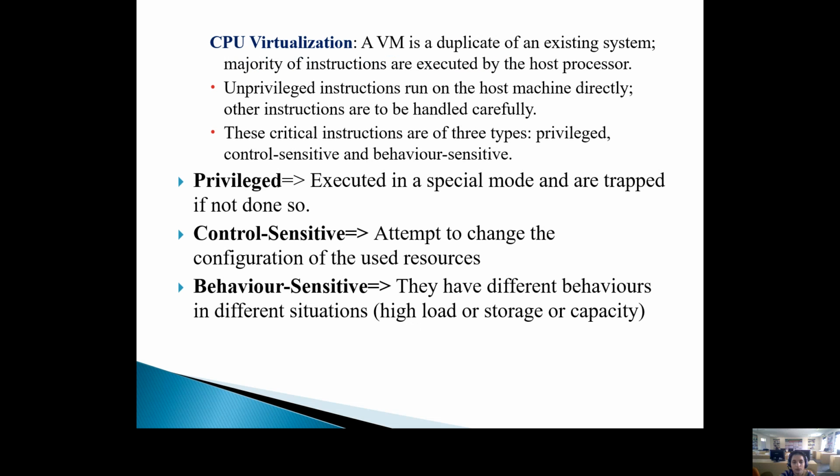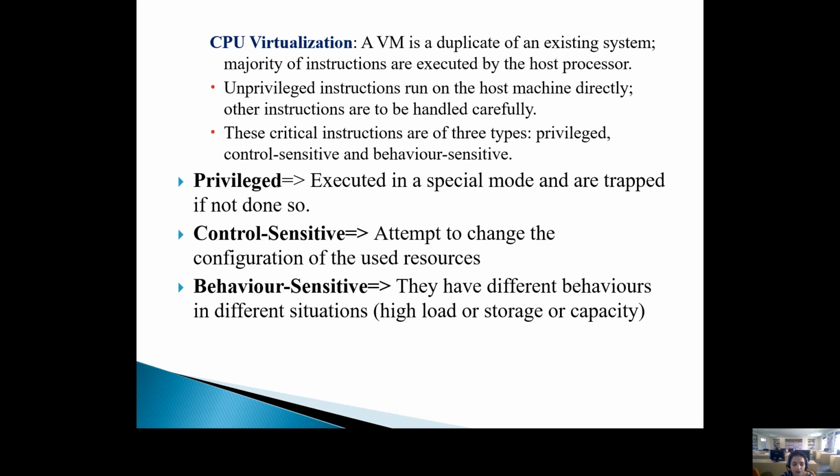Next, coming to CPU virtualization. What is meant by CPU virtualization? Unprivileged instructions of virtual machines run directly on the host machine for higher efficiency. Other critical instructions should be handled carefully for correctness and stability.